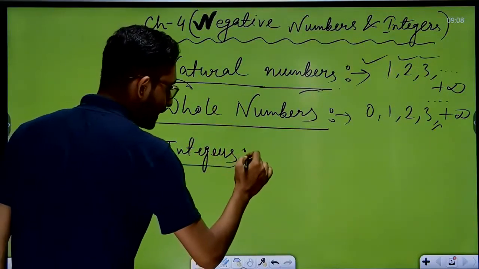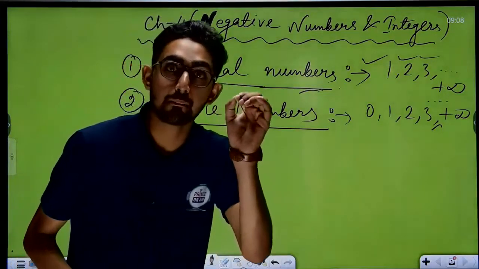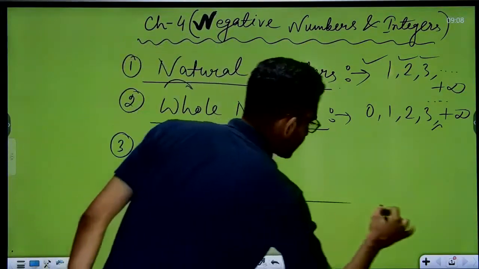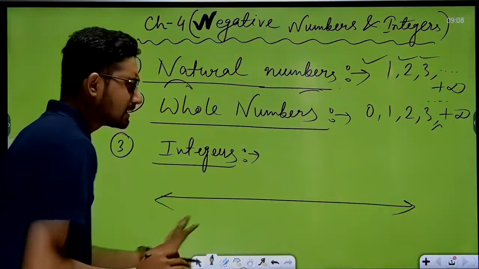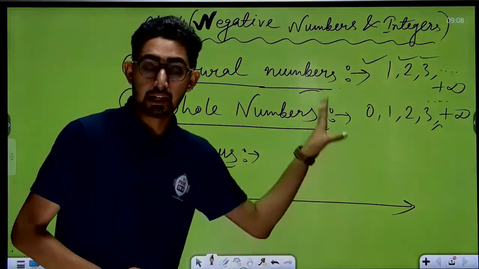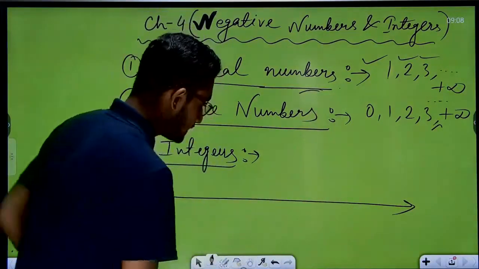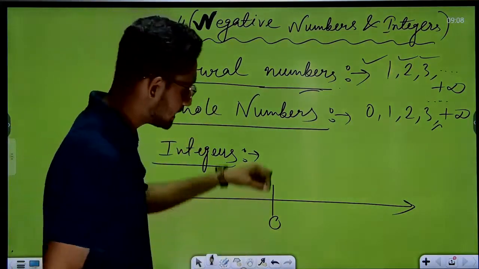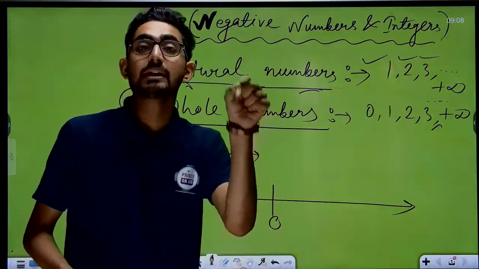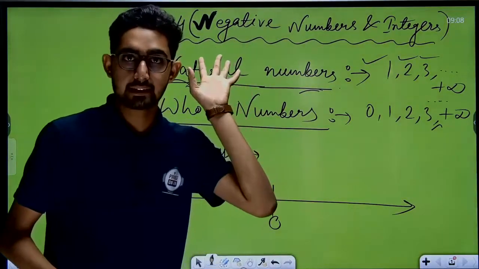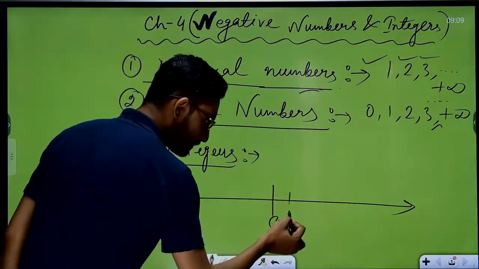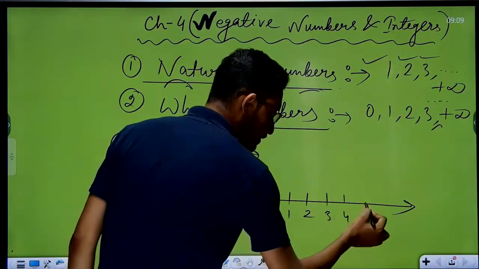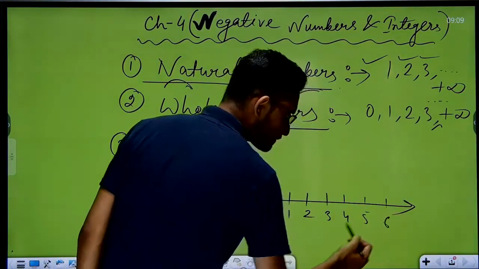Actually, if I make one number line, understand this, suppose this is your number line, correct? A simple number line, a horizontal line. In this number line, this middle point is denoted as 0, correct? Now this is 1, this is 2, this is 3, this is 4, this is 5, and this is 6.